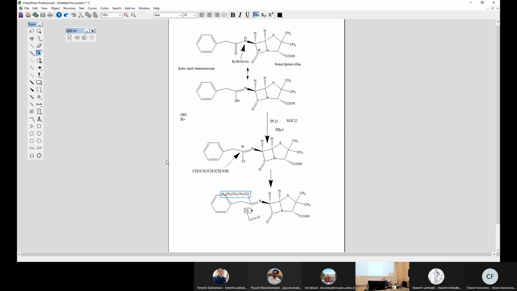This is an ester, if you remember. In this case, you have the long chain attached to the oxygen here, and a double bond with oxygen. In this case, you have a double bond with the nitrogen. So it's an imido ester.